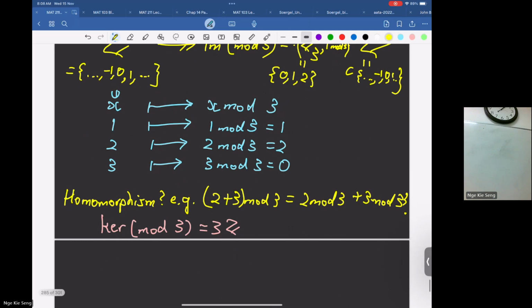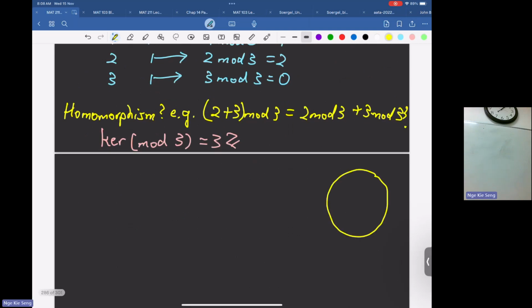I can partition my group. So I can partition my Z using cosets of 3Z. So how many cosets does 3Z have in Z?